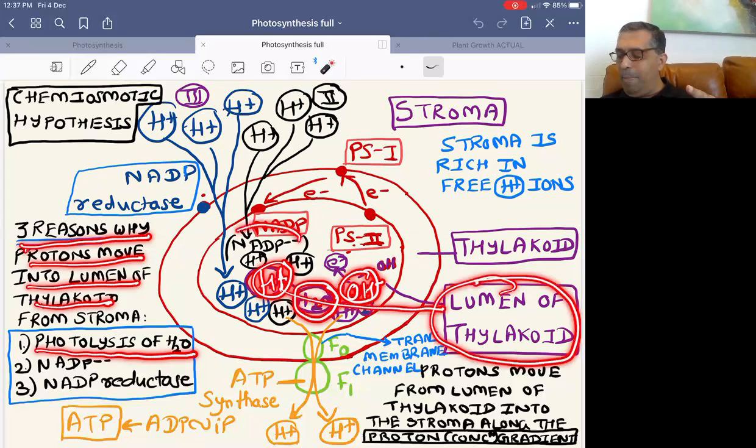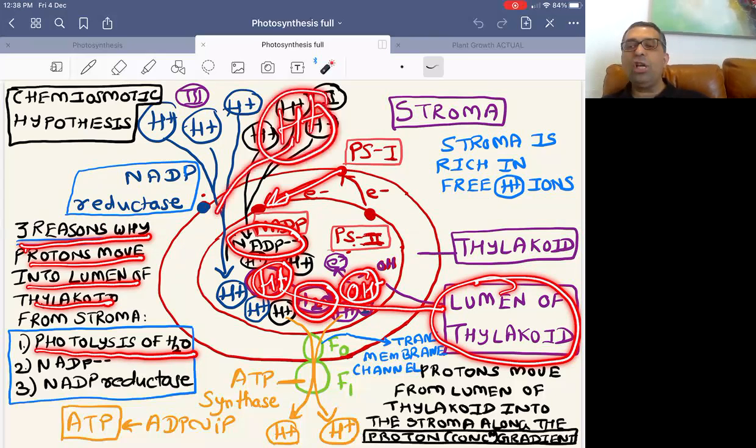Secondly, NADP minus minus, which has received electron from PS1, has an electrostatic force of attraction for proton, which will go from the stroma again into the lumen.